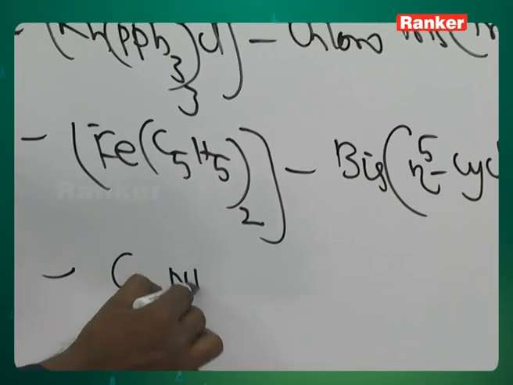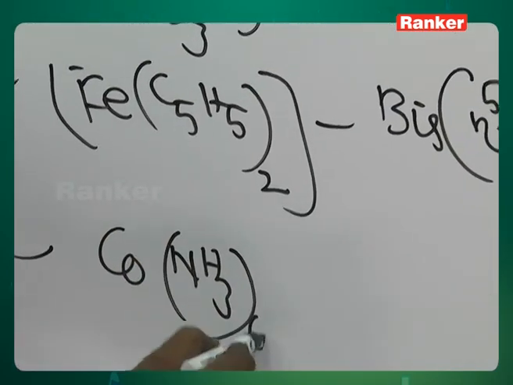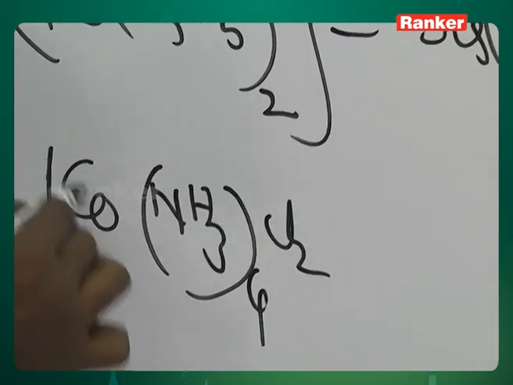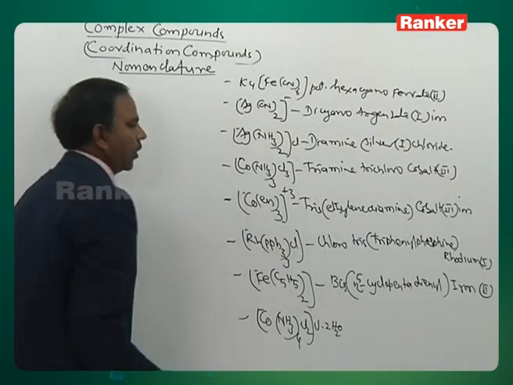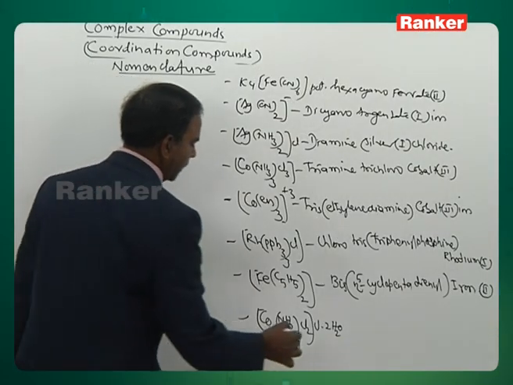Next, [Co(NH3)4Cl2]Cl, one more complex. Let me write some water of crystallization outside the complex.